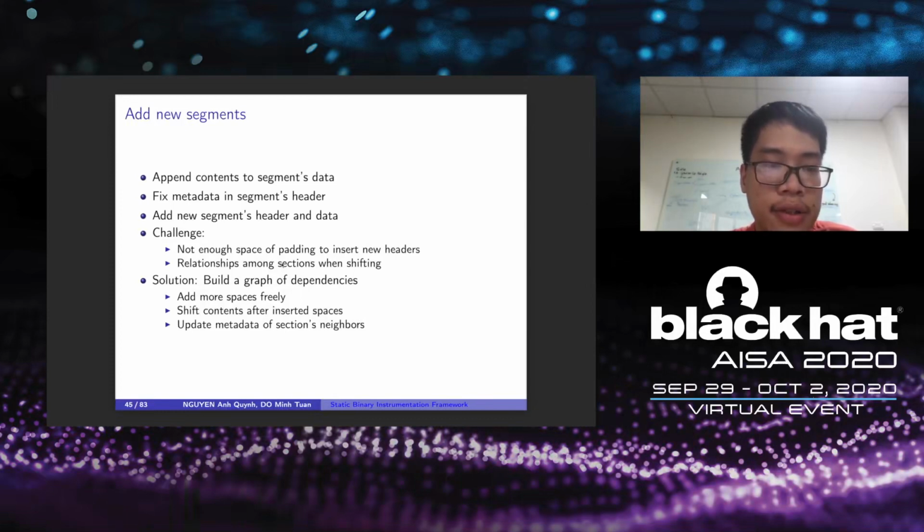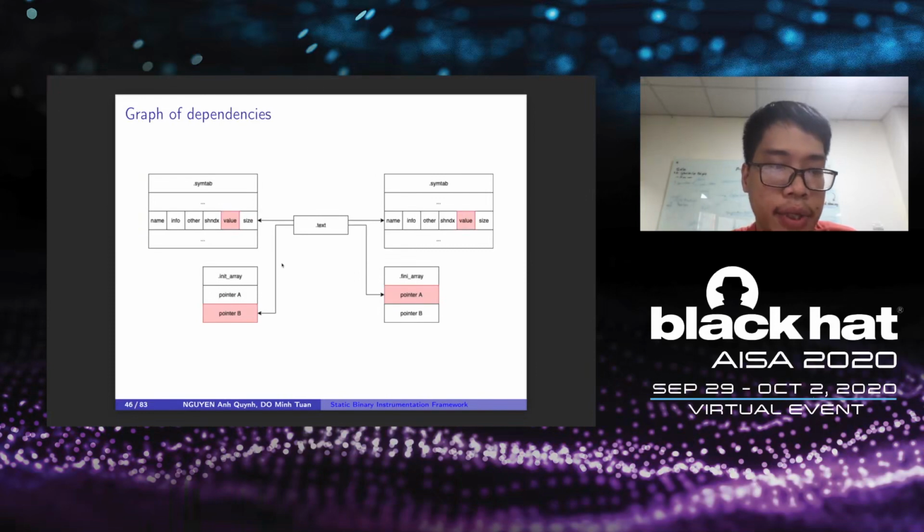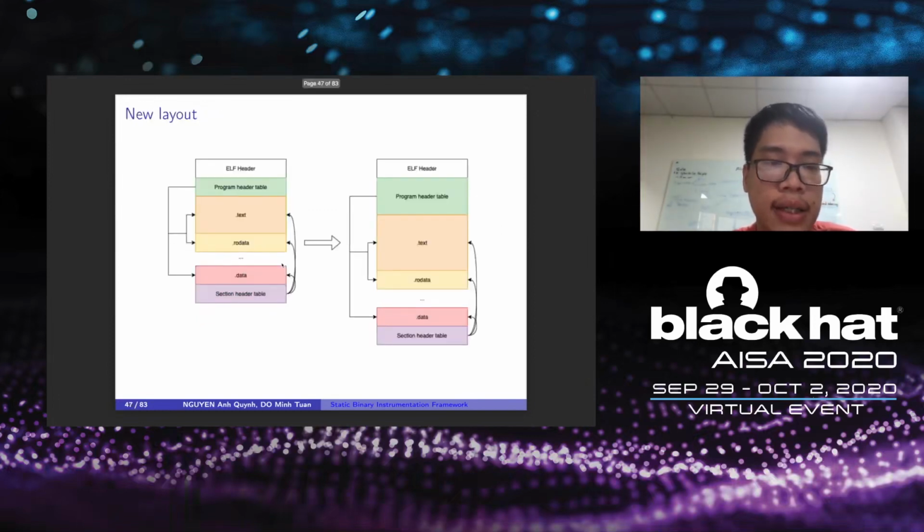Therefore, to make it right, I create a kind of dependency graph so that if I change the value of a node, its neighbors will automatically be updated. So the new layout looks like this.